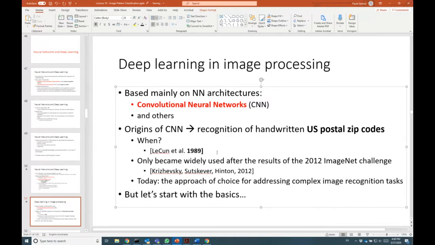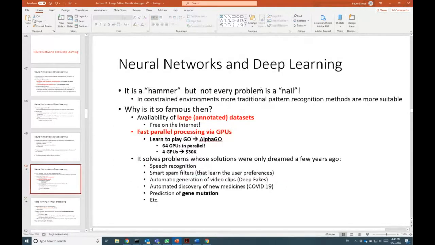So it's an old idea. So why did it catch up now? Because convolutional neural networks were only possible to apply to large problems given the fast parallel processing using GPUs.